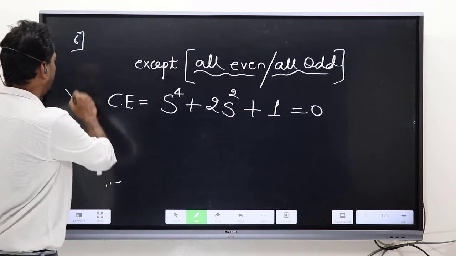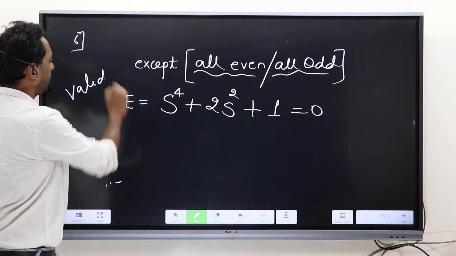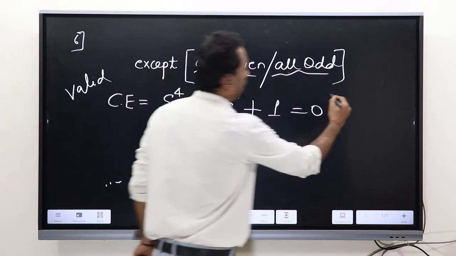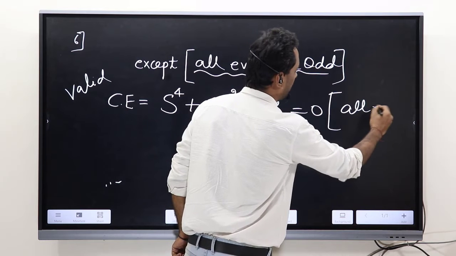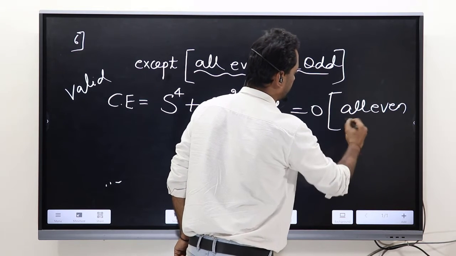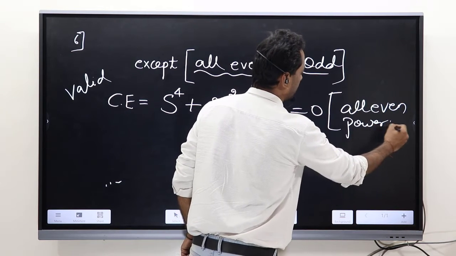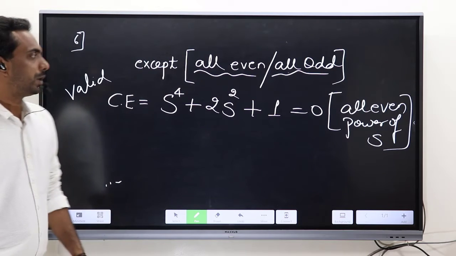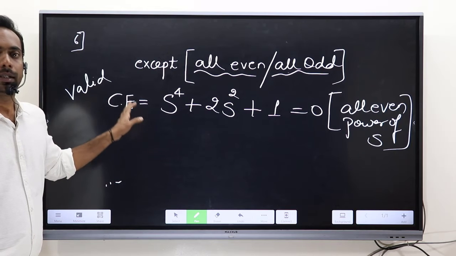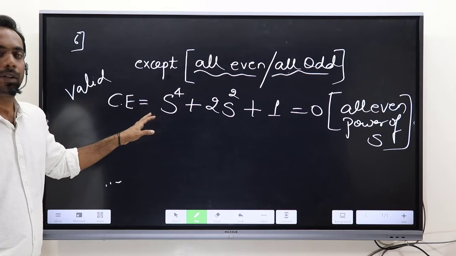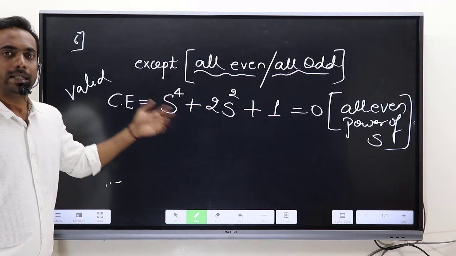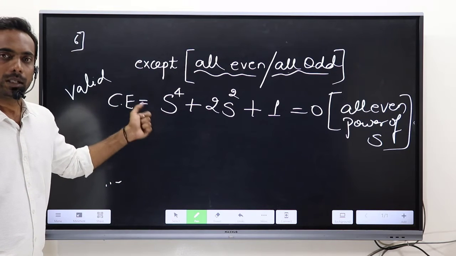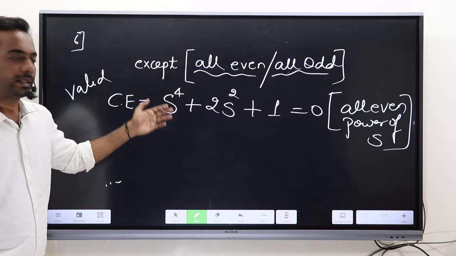So it is a valid characteristic equation. This is called nothing but all even power of s. अगर ऐसा होगा characteristic equation which have all even power of s, then we have to proceed for the Routh-Hurwitz table, right?